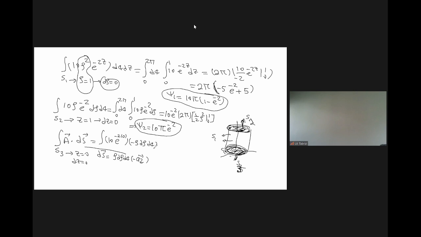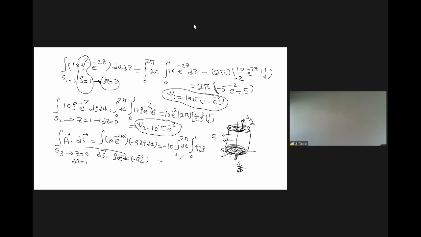Remember, we had this integrand before, but we had plus. Here we have minus because it's the lower area. So e to the power 0 is 1, and here you get minus 10 out, integral from 0 to 2 pi d phi, integral from 0 to 1 rho d rho.